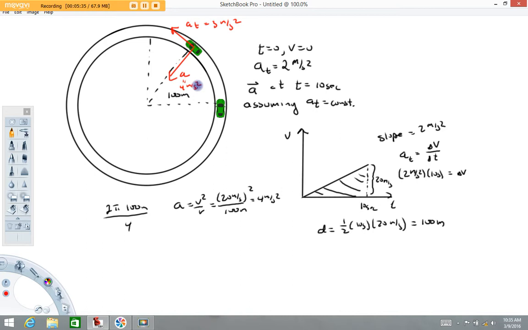Now, in order to deal with angles, I'm going to need this angle right here. Here's how I can get that, from the concept of arc length. Here's a distance s, here's a radius r, here's an interior angle theta.